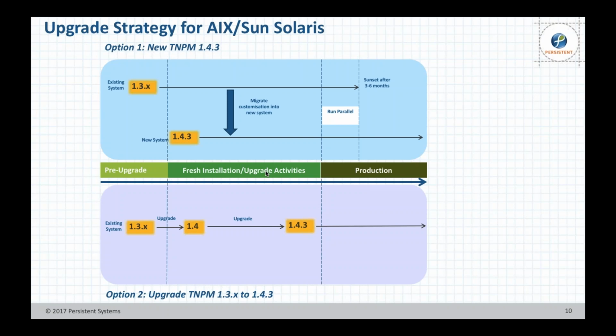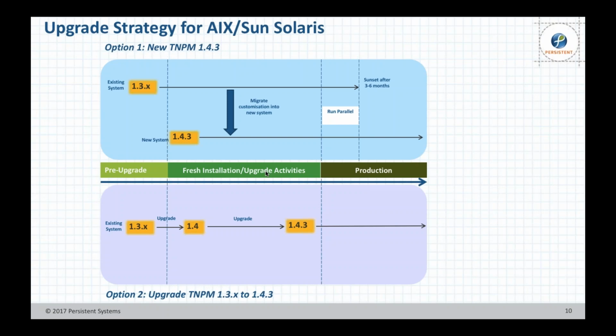There are two options here. The first option is a fresh deployment of TNPM 1.4.3, which gives the user the opportunity to have a clean environment, to discard the old hardware that has been hosting TNPM 1.3x, and migrate onto a new system.